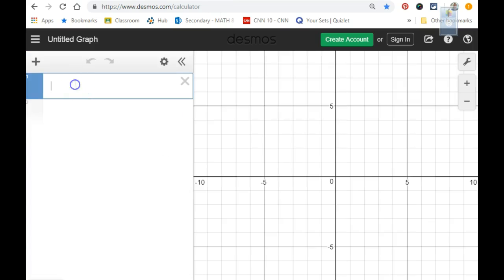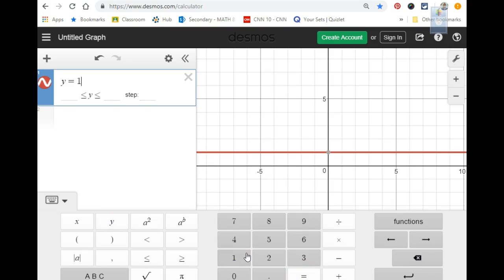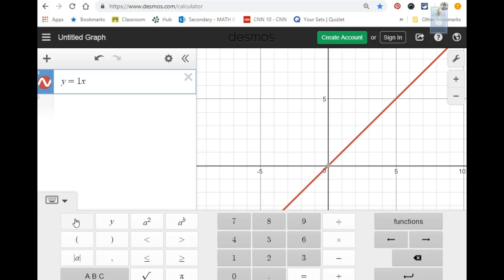So the first equation I want you to put in, as you are looking at that, we're just going to put y equals 1x. Okay?